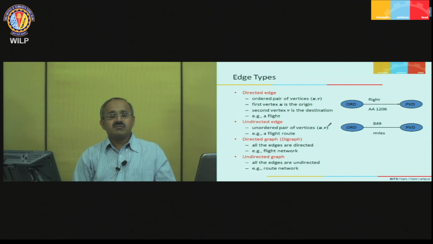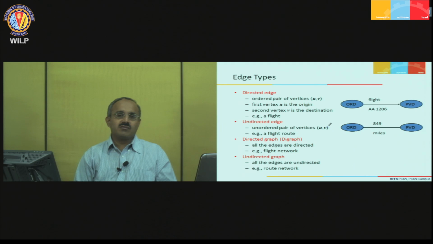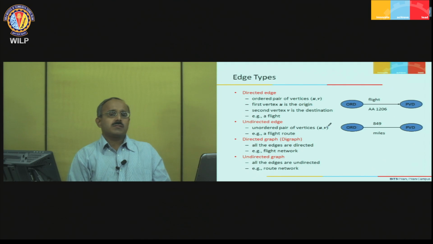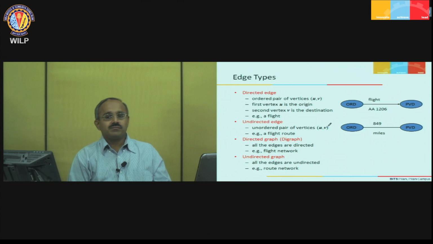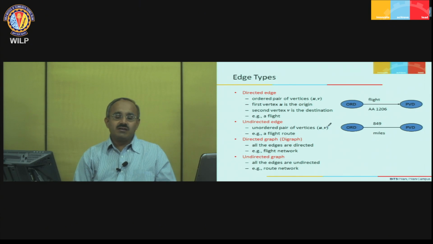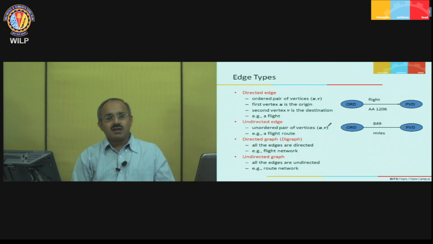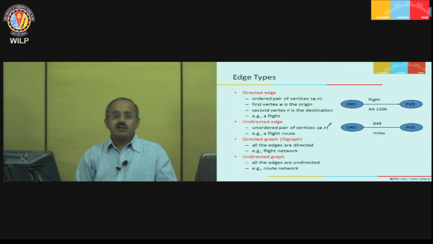Usually flight networks are directed graphs. We know from our experience that there can be a flight from city A to city B, but the same operator may not run a flight from city B to city A back. So, typically flight networks are represented using directed edges.